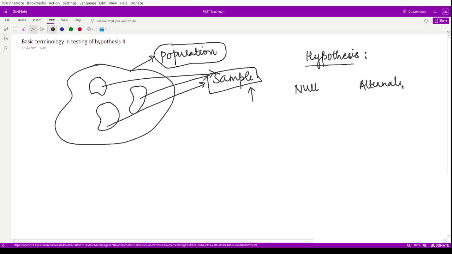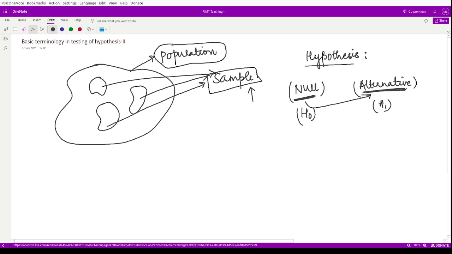Whichever thing you wanted to test, you may write as your hypothesis, whether null or alternative. The null hypothesis would be the opposite of what you wanted to test. Basically the null hypothesis nullifies the effect of the alternative hypothesis, and it is given by H0 and the alternative by H1.